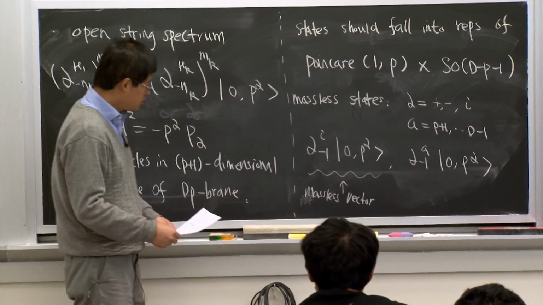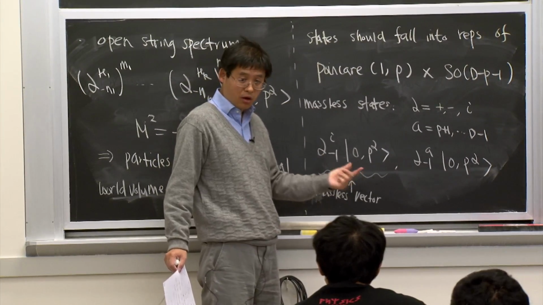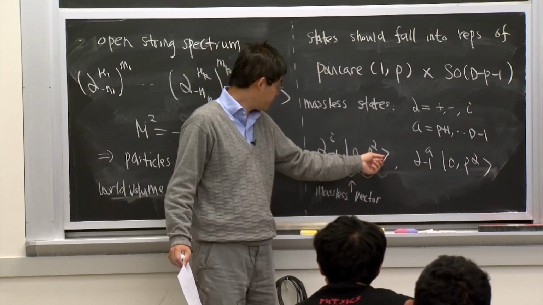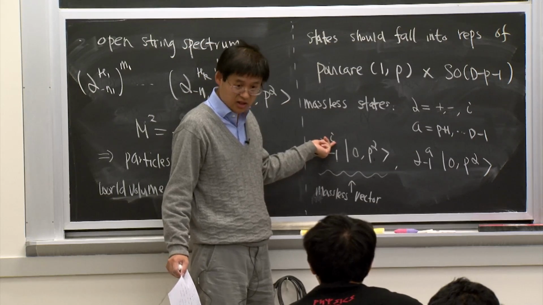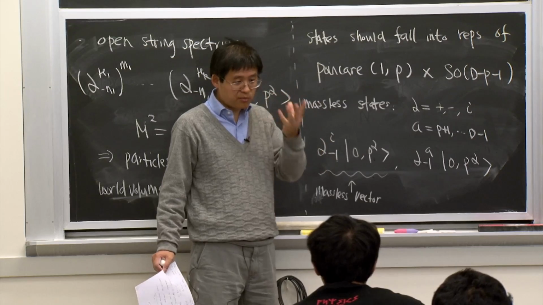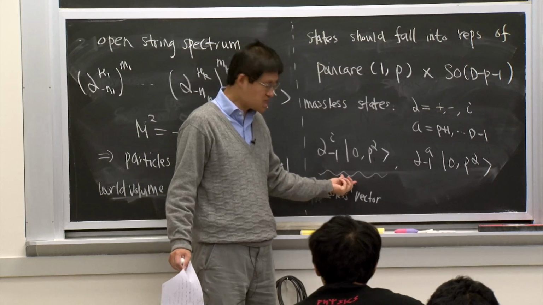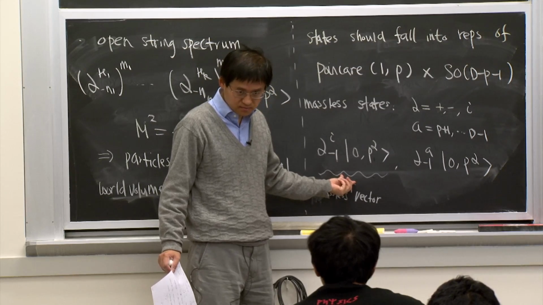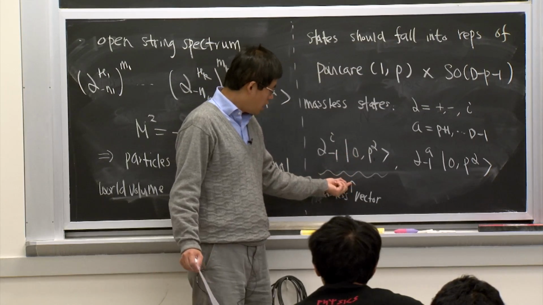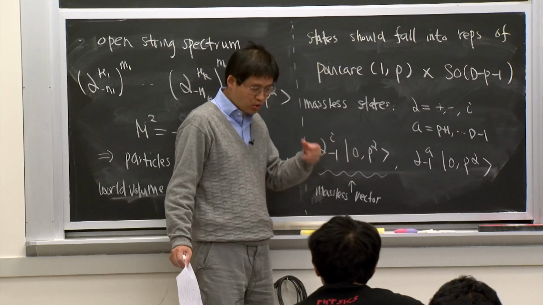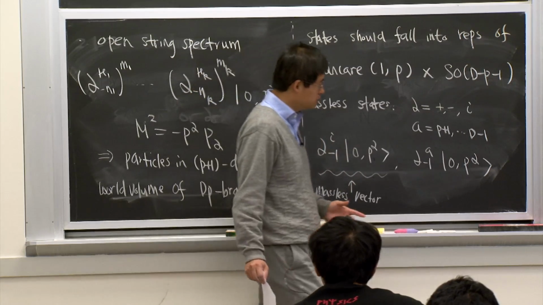So to answer your question, for typical modes like this, the only quantum numbers you have are p alpha and this vector index. So from the perspective of the quantum numbers, this really is just like a vector particle, and then you can describe it by a vector field, etc. It is a very good question.